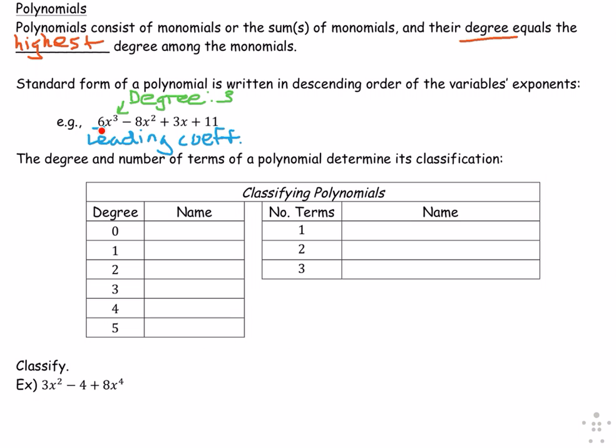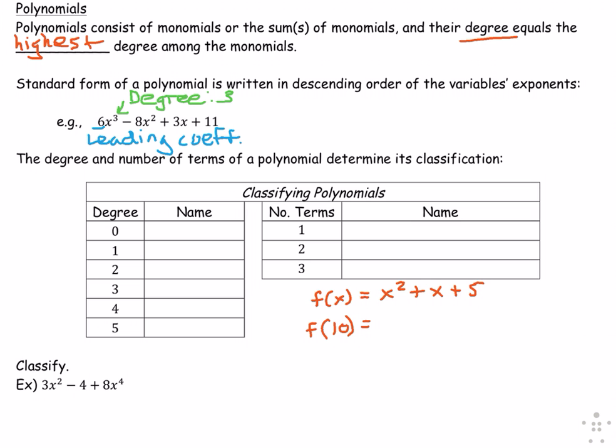So the degree of the polynomial, the collection of monomials, is going to equal the degree that is highest of all the monomial terms. Why is that? If we do a little thought experiment off to the side here, and I have this function f of x, let's say x squared plus x plus 5, and let's say I substitute in 10.